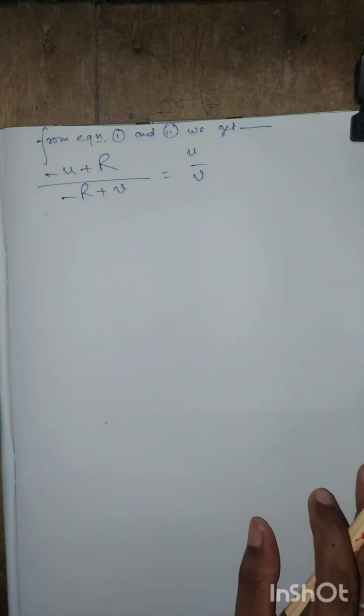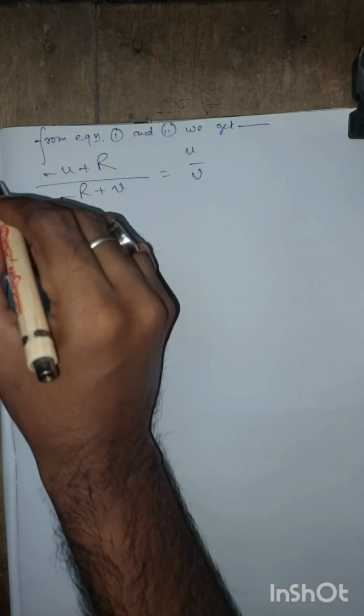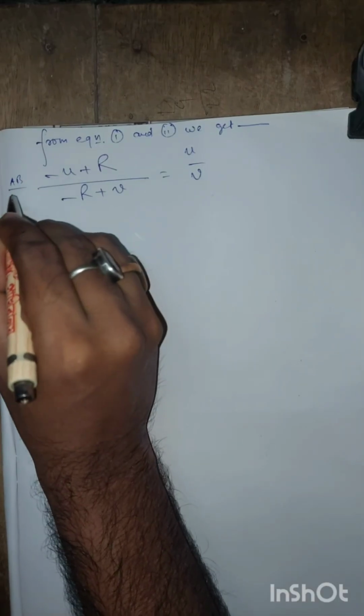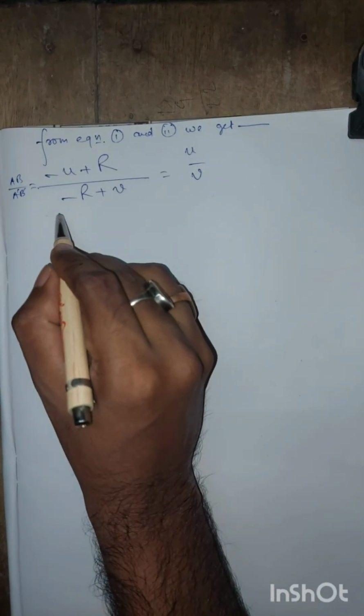So from equation 1 and 2, by comparing the values of AB by A dashed B dashed, we get this.